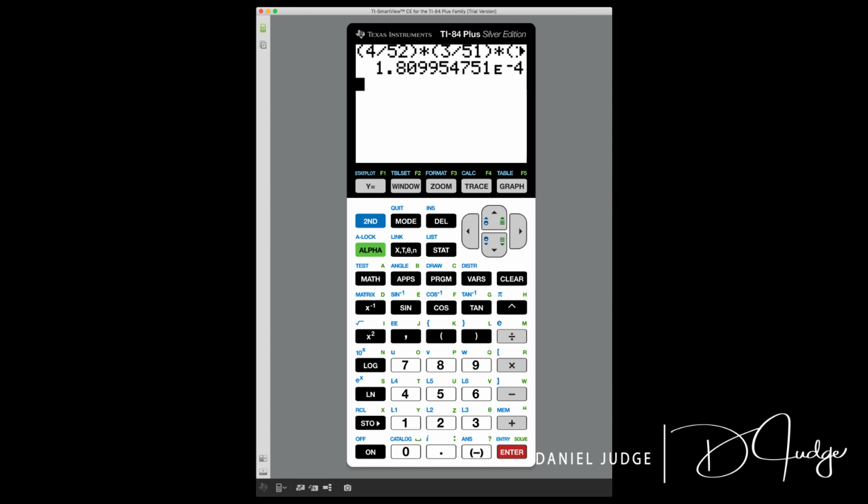How do we know something's wrong? Is something wrong or is something right? Take a look at this. I thought something's wrong, but it turns out it's right. Anybody know? Do we ever enter everything correctly here? What does this mean? Let me write it down. This is 1.809954751.